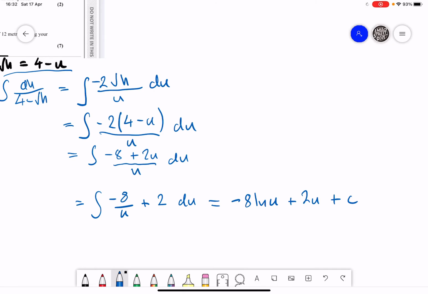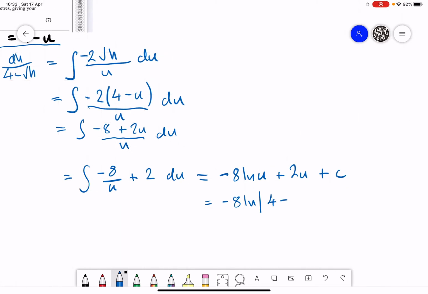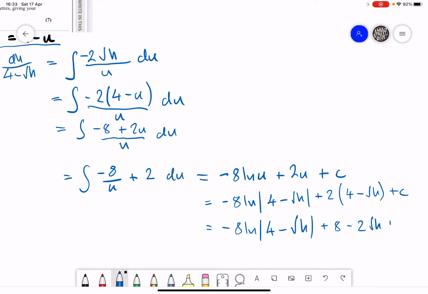Remembering that u is a value that we're given, minus 8 log of 4 minus the square root of h, plus 2 times 4 minus square root of h, plus c. Right, minus 8 log 4 minus the square root of h, plus 8 minus 2 square root of h plus c.